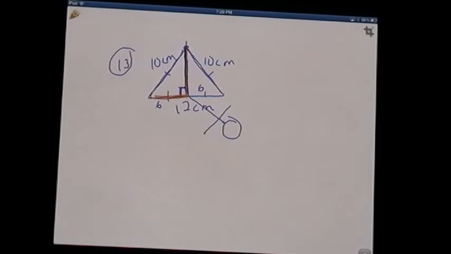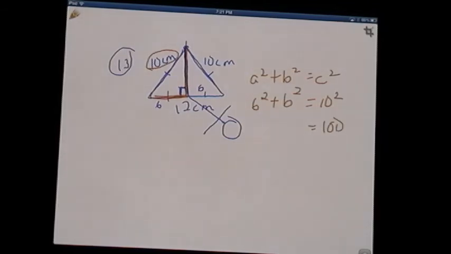So, using our Pythagorean theorem, a squared plus b squared equals c squared. And this time, c squared is our 10 centimeters. So we're going to put our 10 squared over there. And then a squared can be 6 squared, or that could be b squared. It doesn't really matter. Now remember, before you go adding and subtracting, you have to do the squaring.